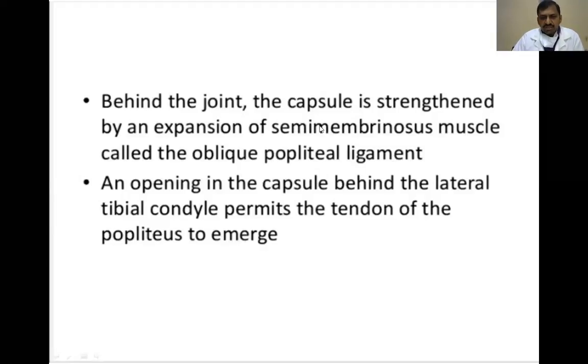An opening in the capsule behind the lateral tibial condyle permits the tendon of the popliteus to emerge. The popliteus muscle takes an intracapsular origin and comes out through the opening in the posterior part of the capsule.